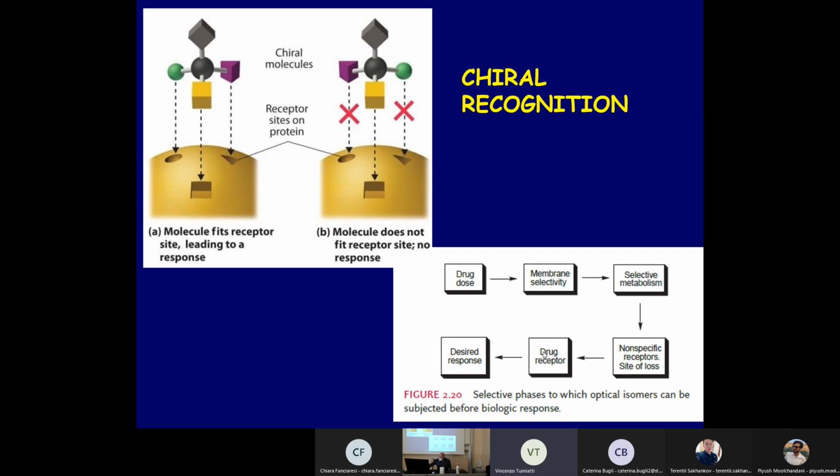The importance of the drug receptor interaction, we have already discussed it, to give finally the desired response.